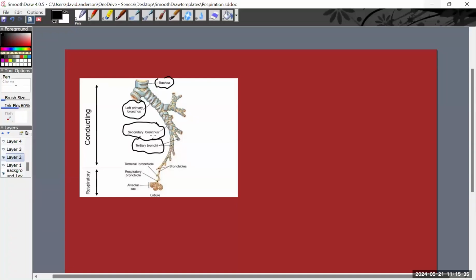And the goal of this system is to distribute air. So these branches are described as conducting branches. In other words, there's no exchange going on in the conducting branches. You can see the cartilage in these pictures depicted as a lighter blue color, and it gets a little irregular as we get smaller and smaller. It's still present, but not in that ring-like structure anymore.